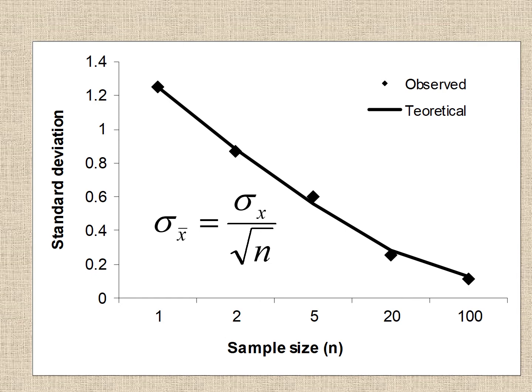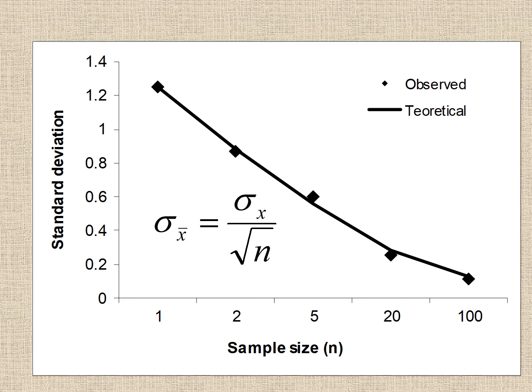Okay, so in our case 1.25 in our simulated population, divided by the square root of n, the square root of sample size. So what we have on the left-hand side of this formula, the standard deviation of the sample means, that's called the standard error of the mean.